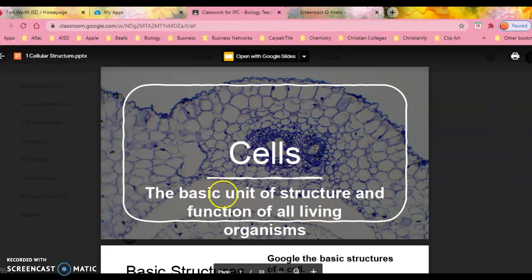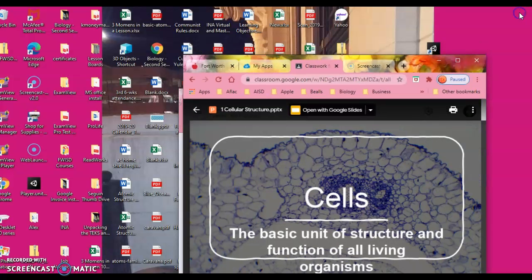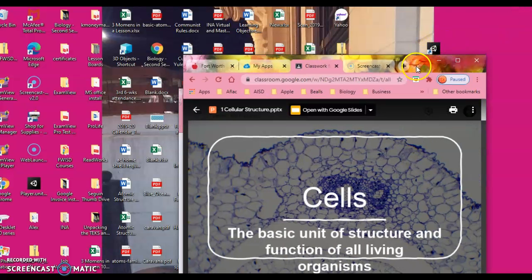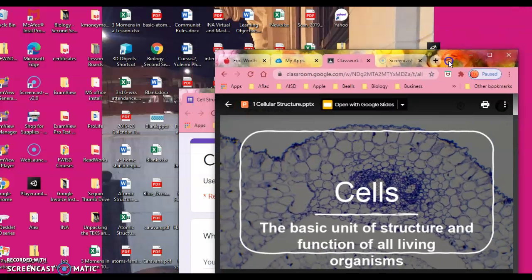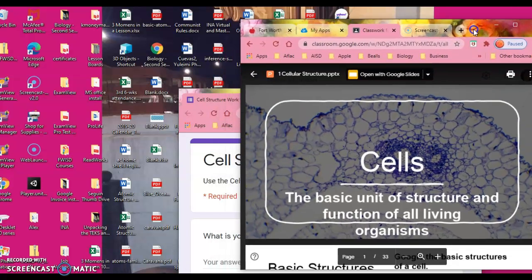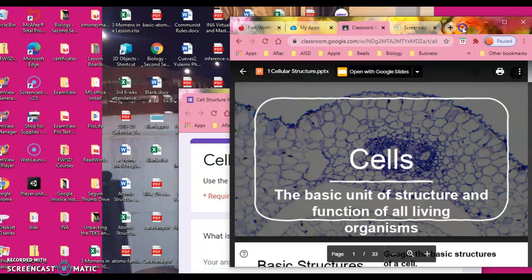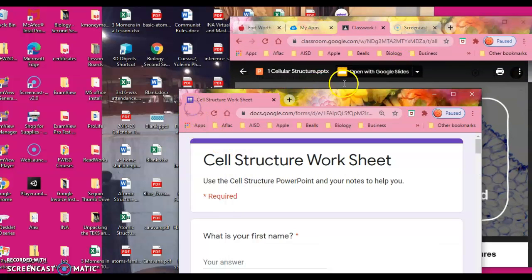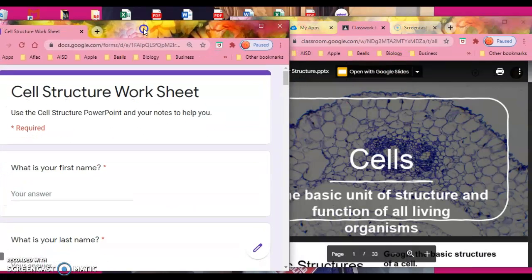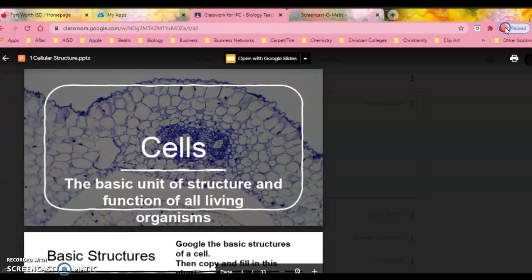Remember, it has the PowerPoint. I want you to go up to that corner where the squares are again, and you're going to click on that. Now you can see they're both small. And then if I press the cursor here, okay, I can move it around. I can do the same thing for this, move it around, so that they will be side by side.